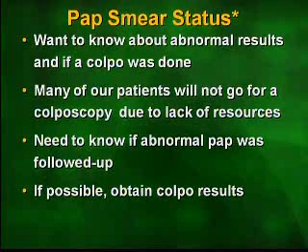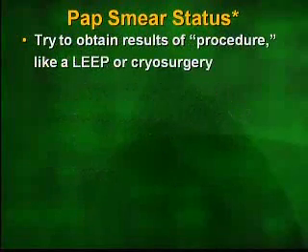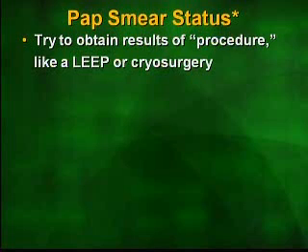Okay, and I just wanted to say too, if they've had any type of procedure or any type of surgery, ask them if they've had any treatment or surgical procedure done. We do really want to try to get those results. I tried to clear up my confusion about these terms: a LEEP, a loop, and an LLETZ, which is a large loop excision of the transformation zone.